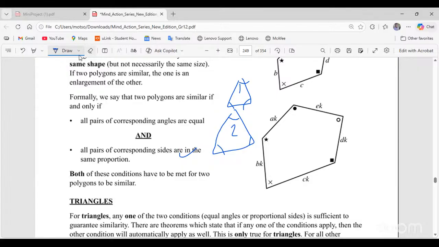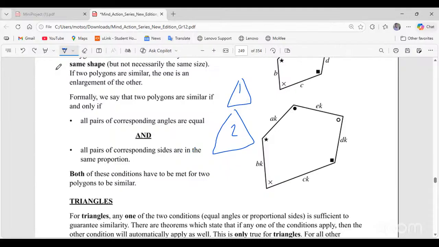Or maybe you have shown that, okay, this is triangle 1, this is triangle 2, this side corresponds to this one, and those sides are in the same proportion. These and these are the corresponding sides, they are in the same proportion, this and this. Again, if you show that, the angles will automatically hold. Only if we are talking about triangles. You have to note that.